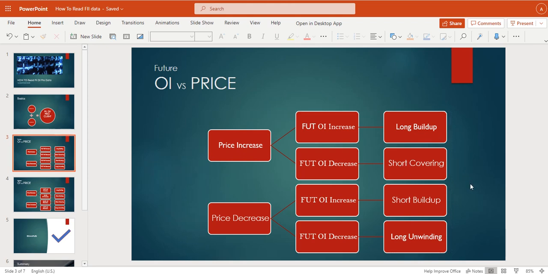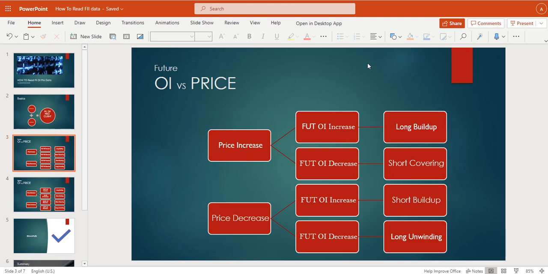On the other side, bearish price change happens because of short side build up, or profit booking in the longs, or long unwinding. Since we are familiar with these four terms and have already seen in the futures and options video how those things happen with the change of the open interest.